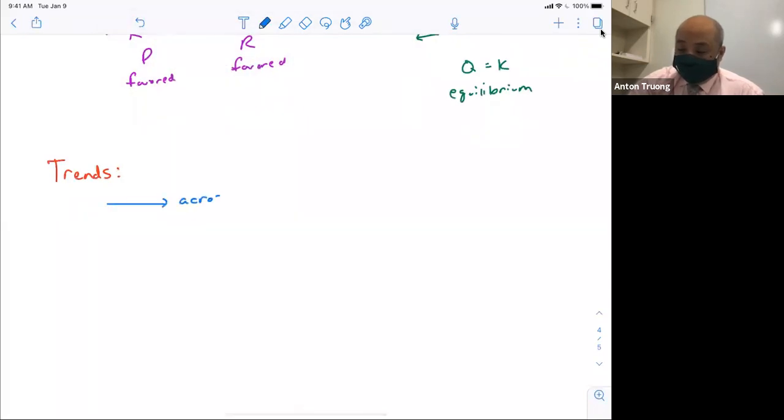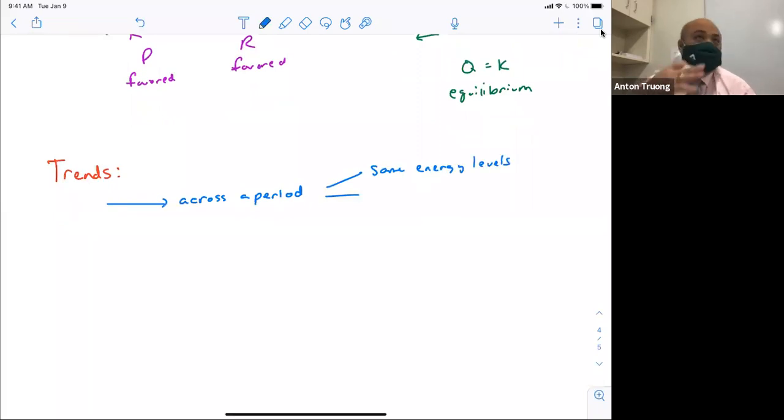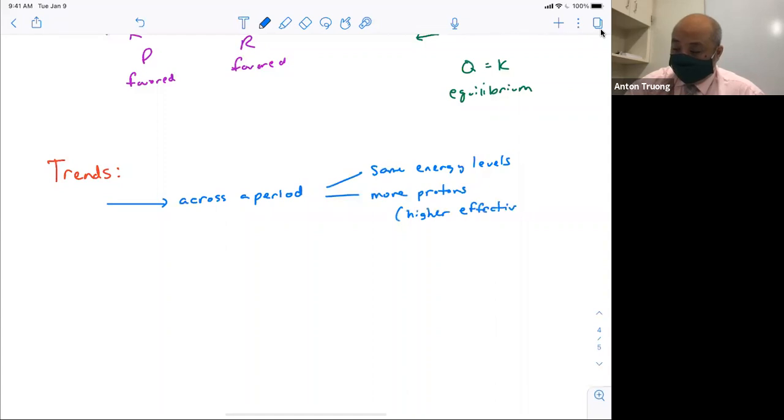As you go across a period, the idea is you have the same energy levels. That's what's similar. What's different is you have more protons, which we say is a higher effective nuclear charge.